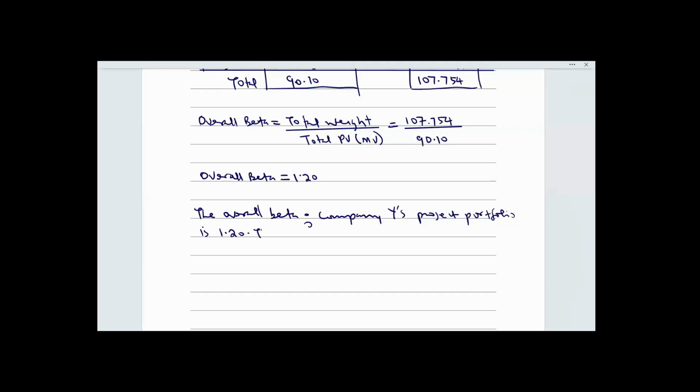This means that the risk of the project portfolio is higher than that of the market, which is 1.